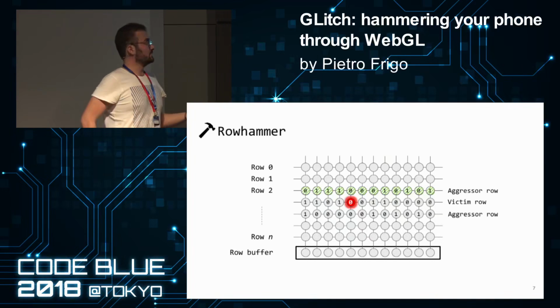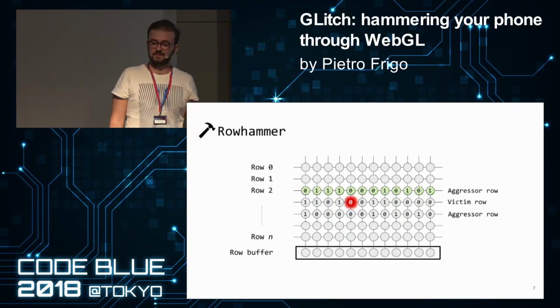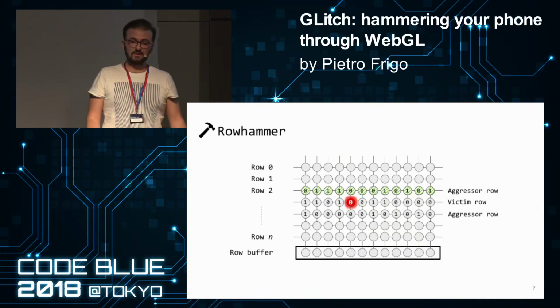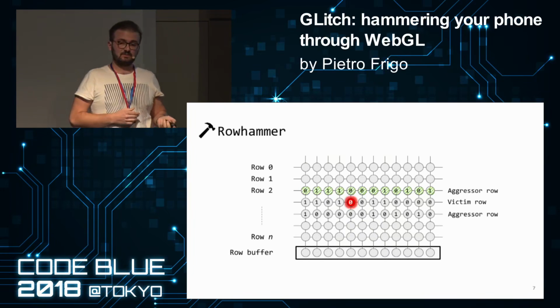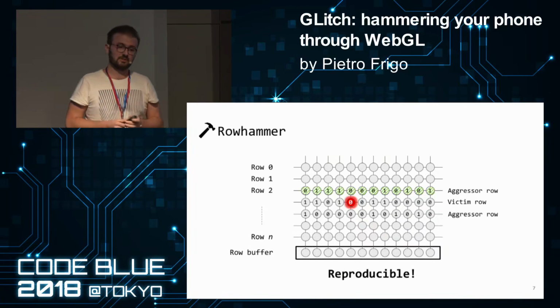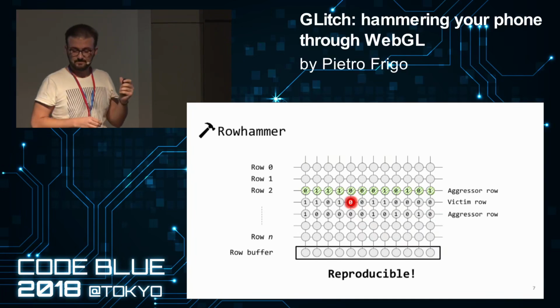This is quite important because it means you can compromise the integrity of data in DRAM without actually accessing it. And the crazy thing is that once you get a bit flip, you may think, okay, that's a random error. But once you get a bit flip on a specific cell, that bit flip is usually reproducible, so you can reuse it later on to compromise sensitive data.